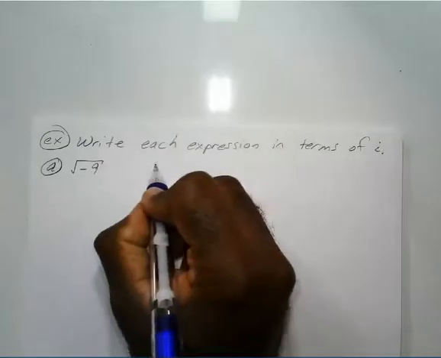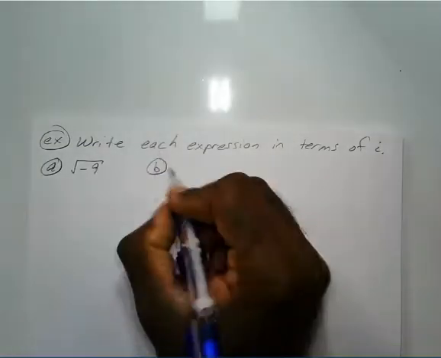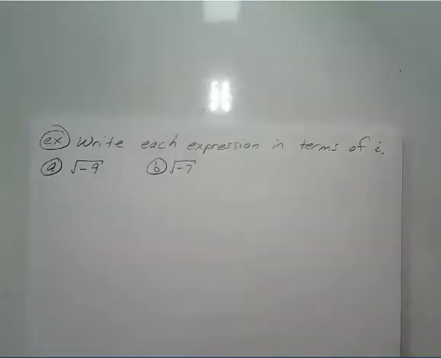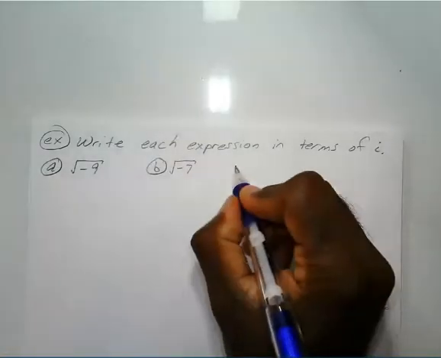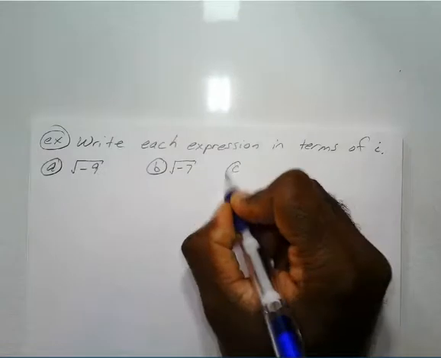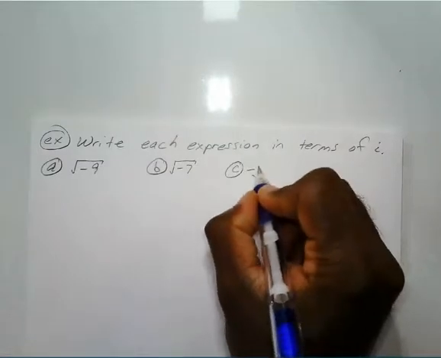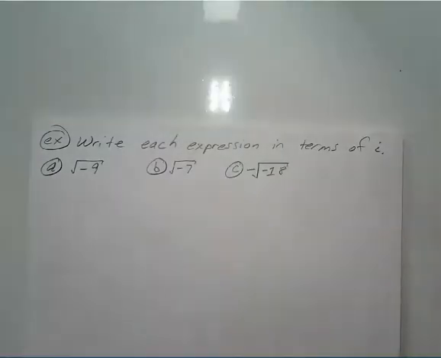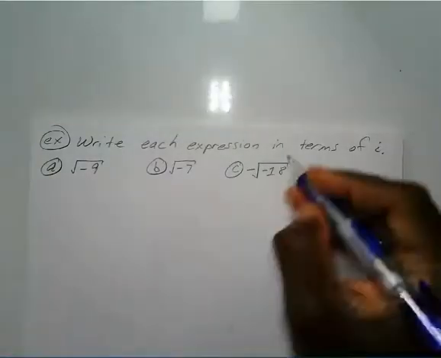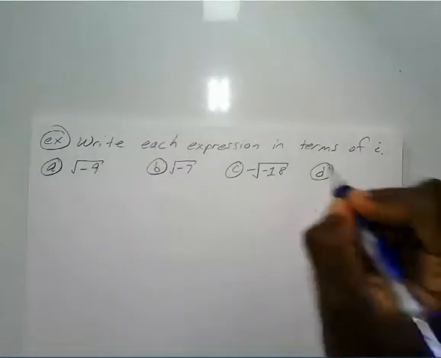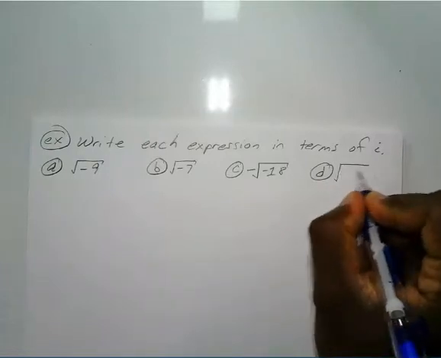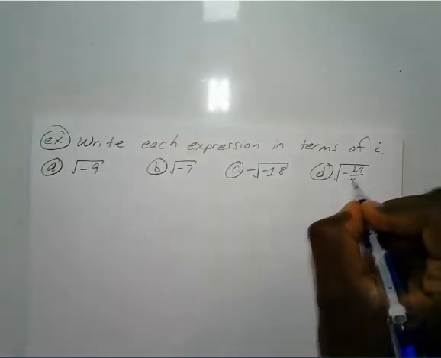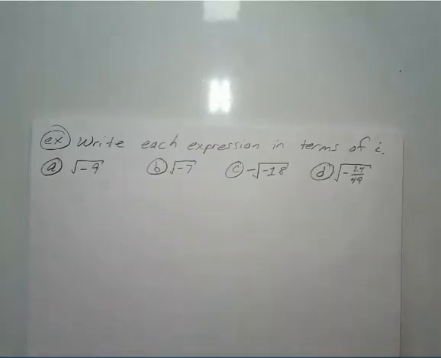For problem B, we have the square root of -7. For problem C, we have negative square root of -18. And for problem D, we have the square root of -24 over 49.